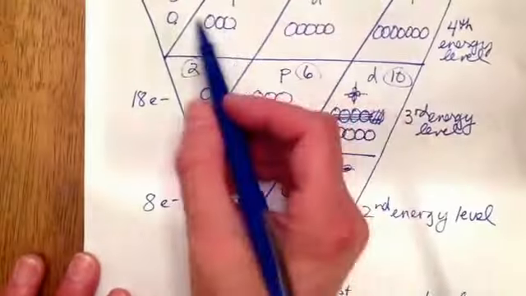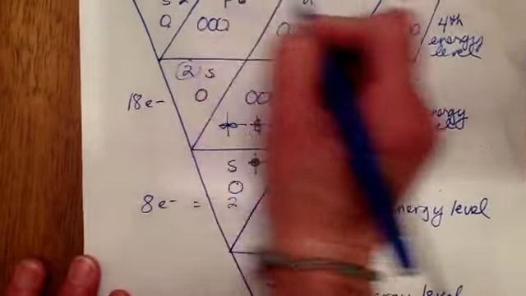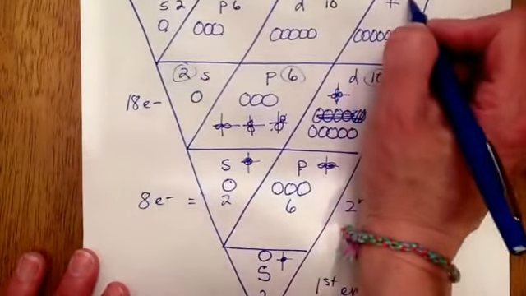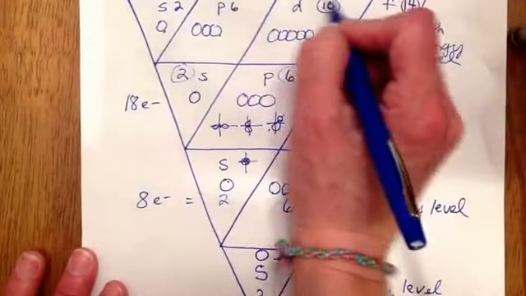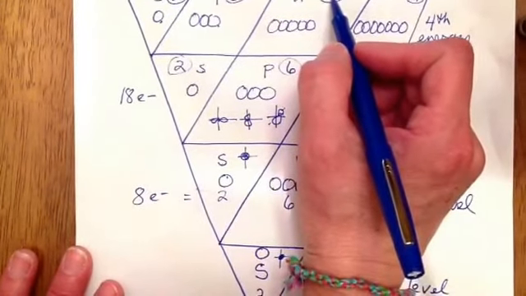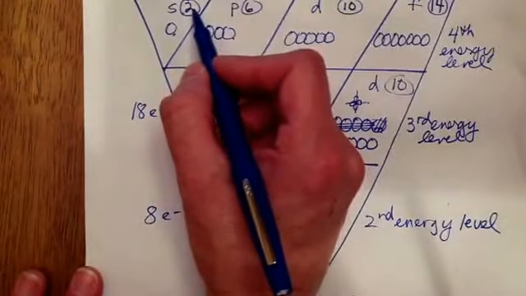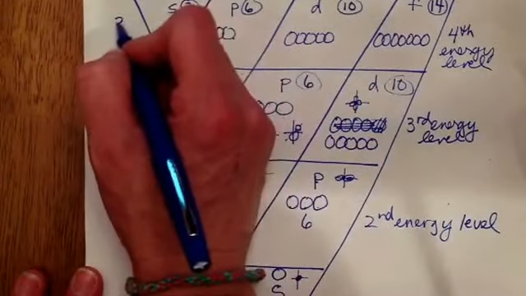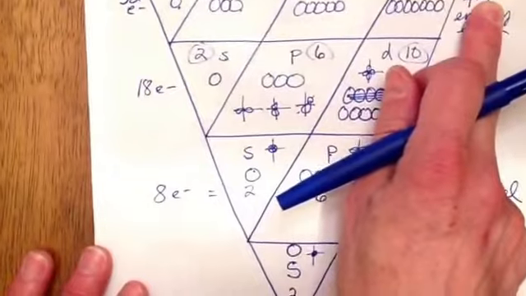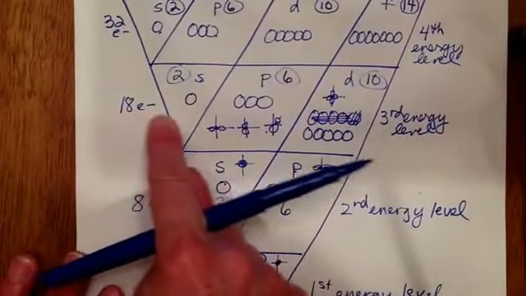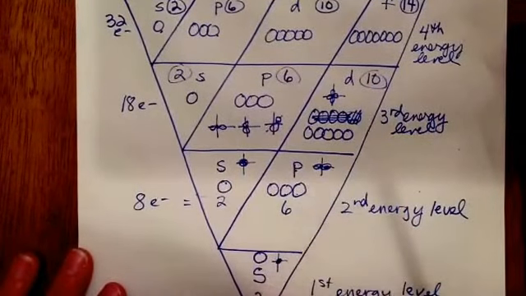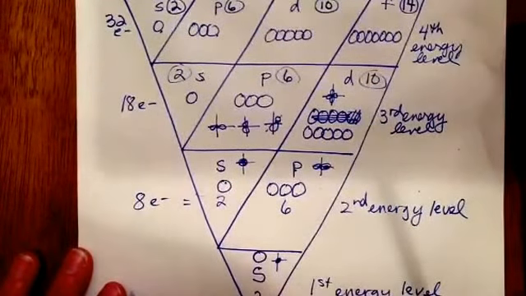For the fourth energy level, we would have 2, 6, 10, and since I have 7 orbitals, that would make it 14. So if I add those up, I end up with 32 total electrons in the fourth energy level. 18 maximum electrons can fit in the third energy level, 8 in the second, and only 2 in the first.